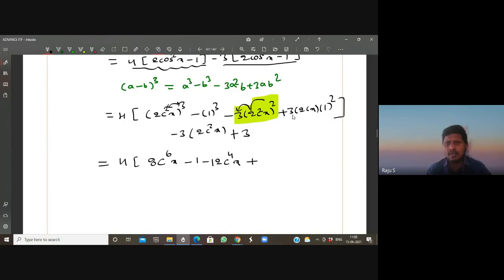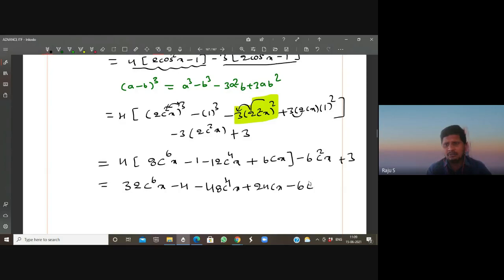Any doubts you can ask. 3 into 2 is 6, 6 cos square x. Minus, multiply with 3, it's minus 6 cos square x plus 3. Now multiply with 4: 32 cos to the power of 6x minus 4 minus 48 cos to the power of 4x plus 24 cos square x, then minus 6 cos square x plus 3.